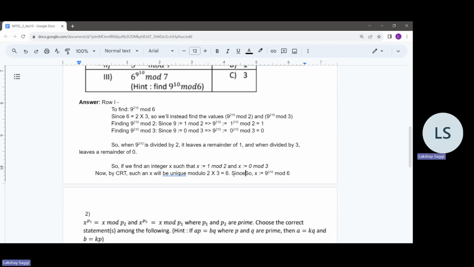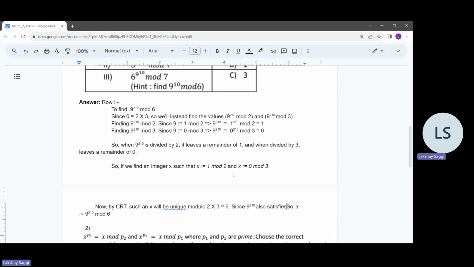And since 9 raised to the power 210 also satisfies the above two modulo equalities.